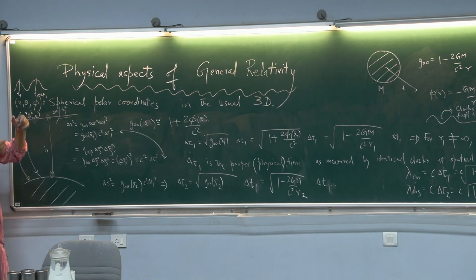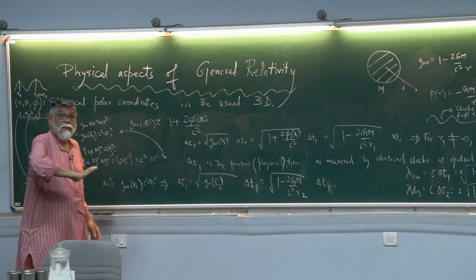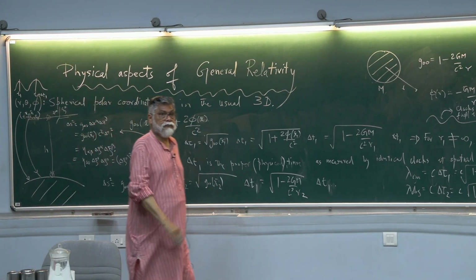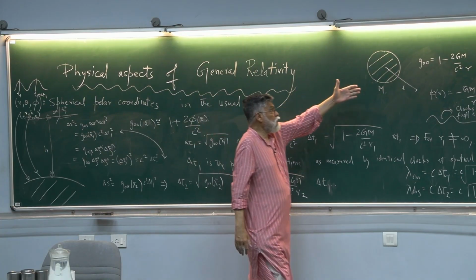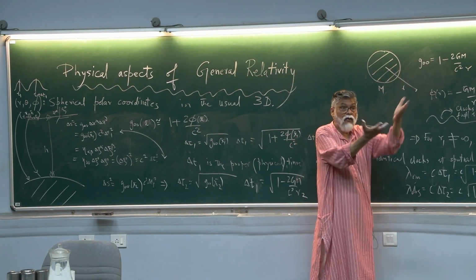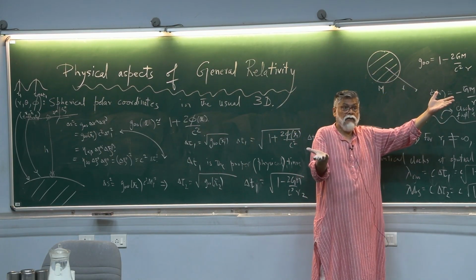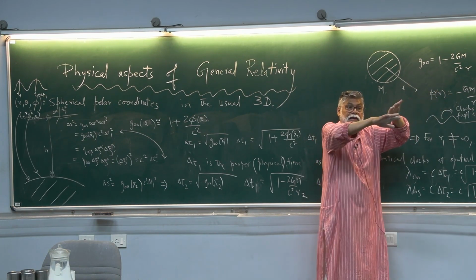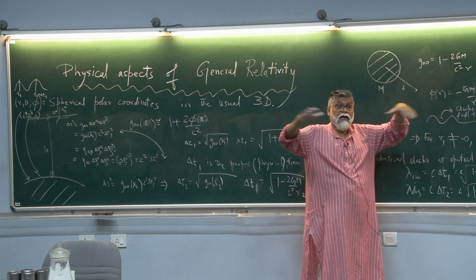That means there's a global time coordinate defined all over. For example, in your Schwarzschild metric, the metric coefficients don't depend upon time. So there's a global time coordinate defined everywhere.